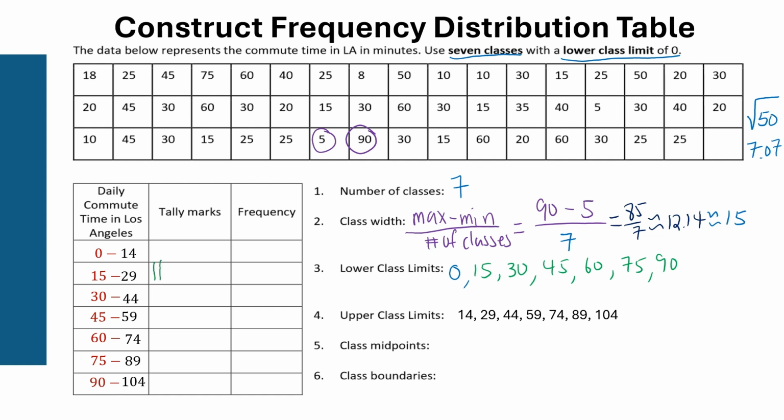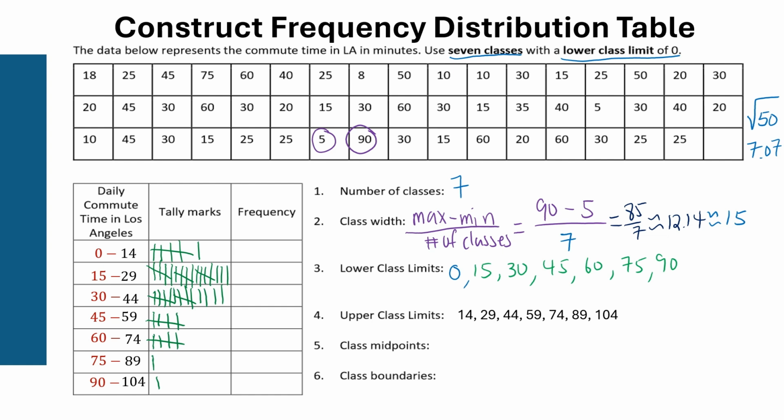And then 45 is between 45 and 59. 75 is between 75 and 89. 60 is between 60 and 74. And then 40 is between 30 and 44. And then you just keep going until you get all your tally marks for each class.